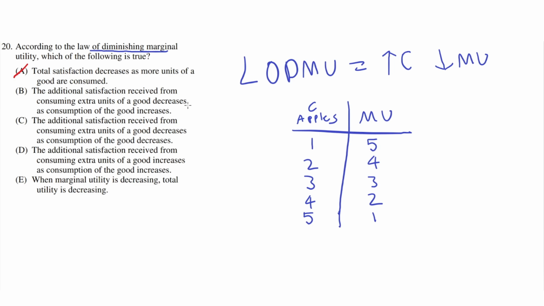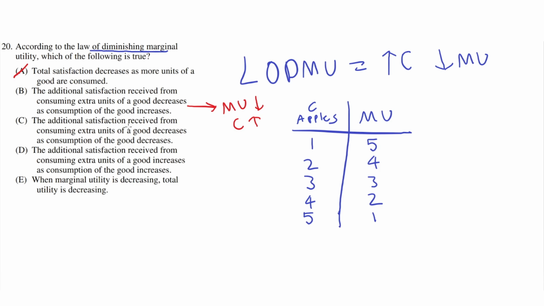This is saying that the satisfaction received, which is essentially marginal utility, decreases as consumption increases. Looking at the law of diminishing marginal utility, this matches this answer choice. So B seems to be the correct answer.